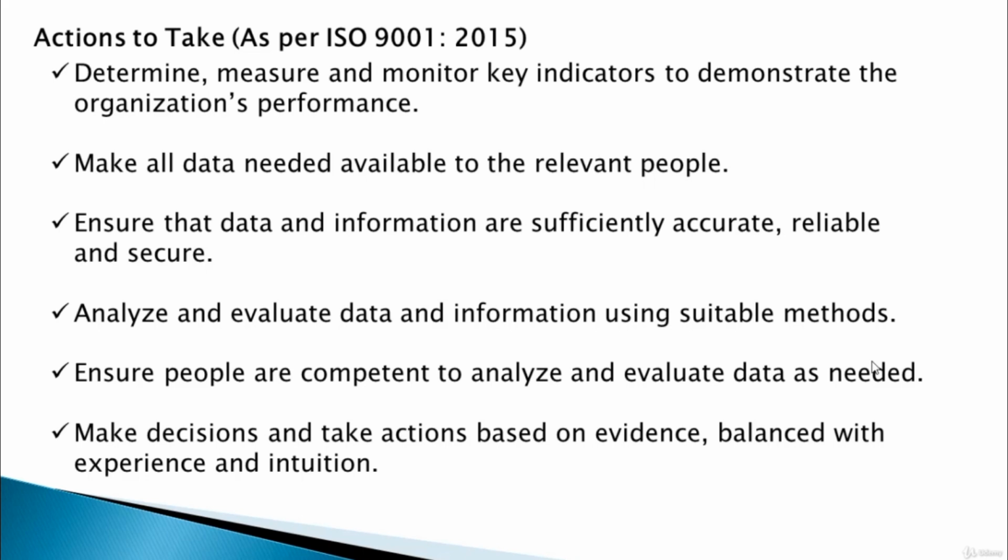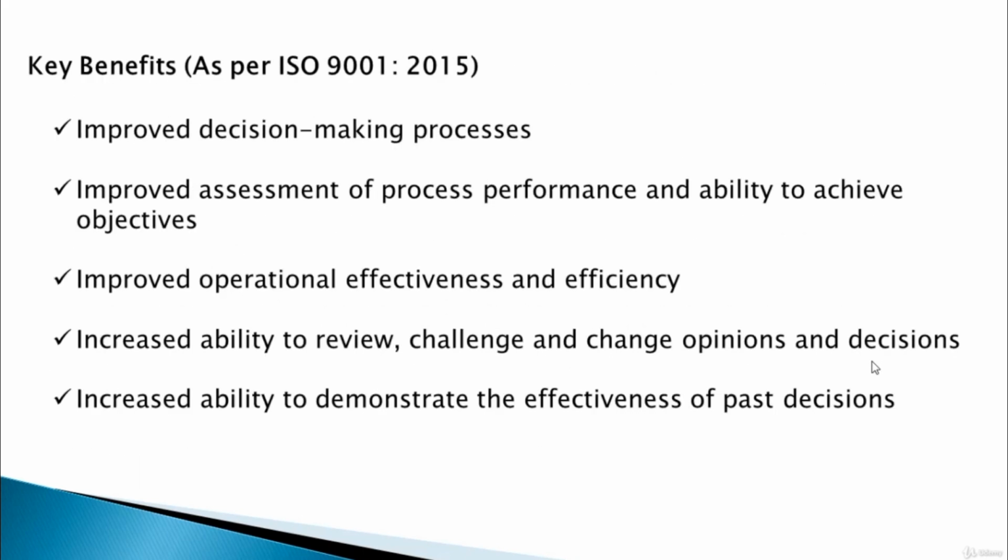Now, the standard of course expects a few benefits, like improving decision-making processes, improving the assessment of process performance and the ability to achieve objectives, and improving the operational effectiveness and efficiency and the ability to review, challenge, and change opinions and decisions. And of course, this will increase the ability to demonstrate the effectiveness of past decisions.